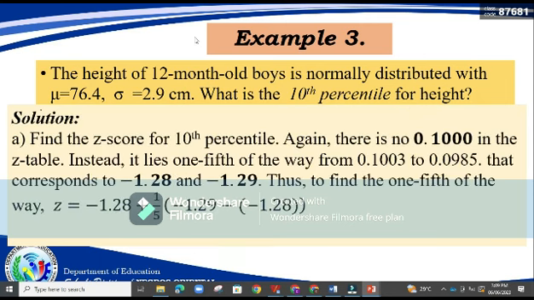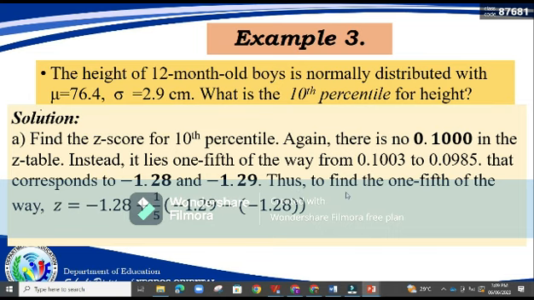Okay, for the solution, find the z-score for the 10th percentile. Again, there is no 0.100 in the z table. Instead, it lies 1/5 of the way from 0.1003 to 0.0985. This corresponds to negative 1.28 and negative 1.29.